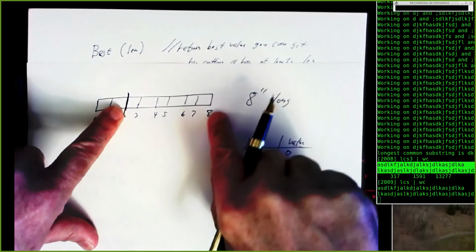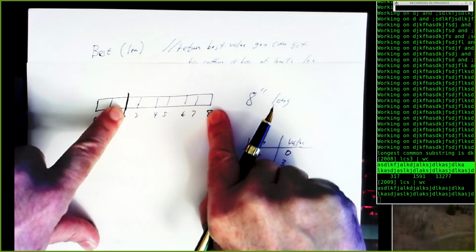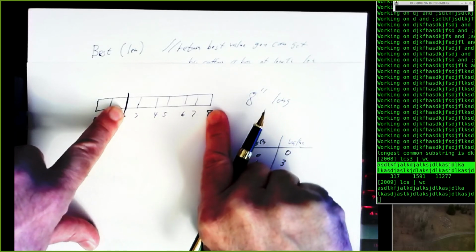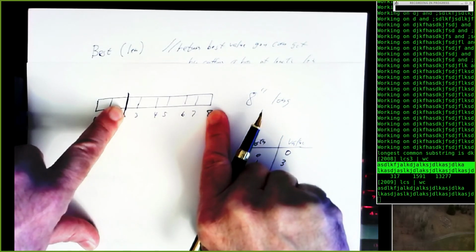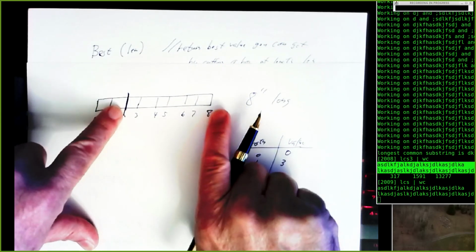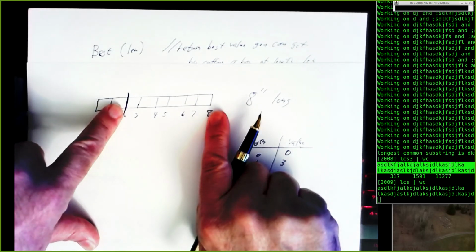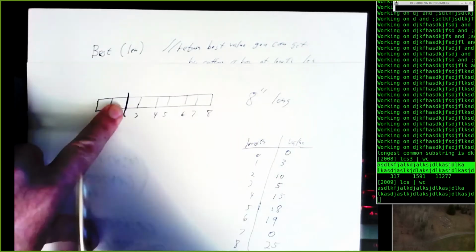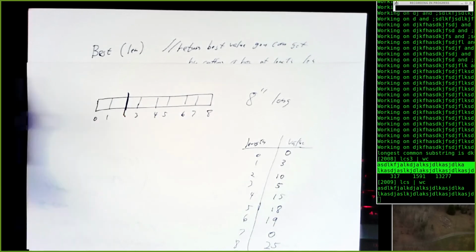And 2, we've still got this much of the bar left over. And we can probably chop that and sell it for some more money. But how much? Well, it depends where we chop it. But we want to know what's the most money we can get from chopping up this bar and selling it. That's what our best function is going to tell us.